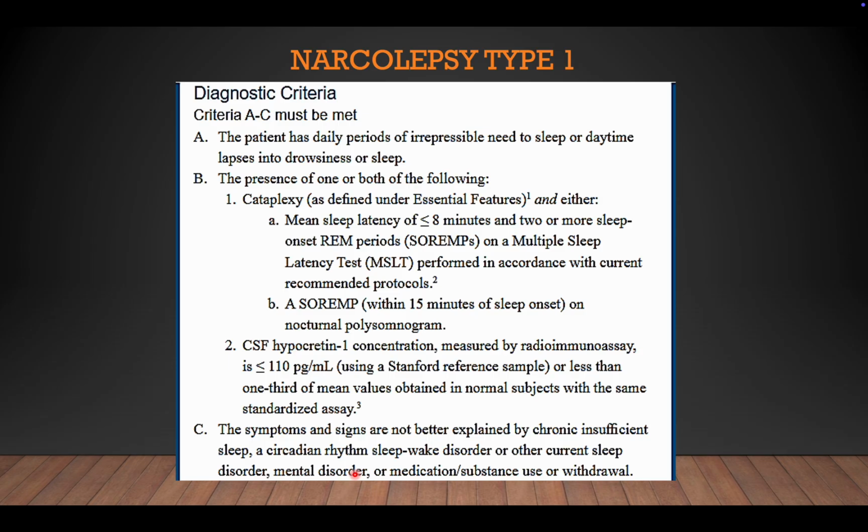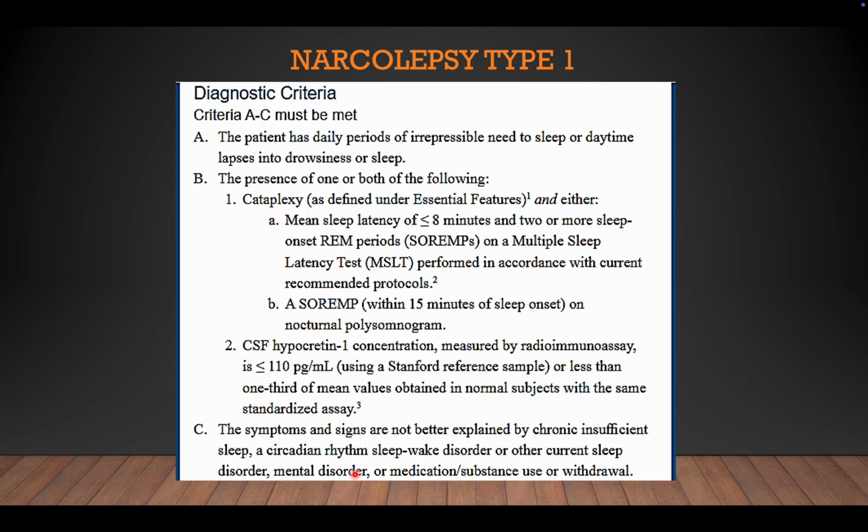Sometimes the patient may have an atypical cataplexy where you don't fall to the ground, but there may be eyelid closure, neck or jaw drop, or dropping things from the hand. That also can be a sign of cataplexy.